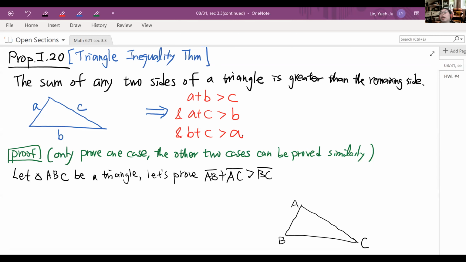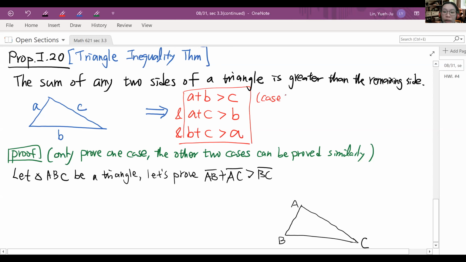So in some sense, if you're a math major, you've probably heard this before. It means that these three things I just wrote down are the necessary conditions for having a triangle. If you want to be able to form a triangle, then these three conditions need to be satisfied. I'm going to call them case 1, case 2, and case 3.